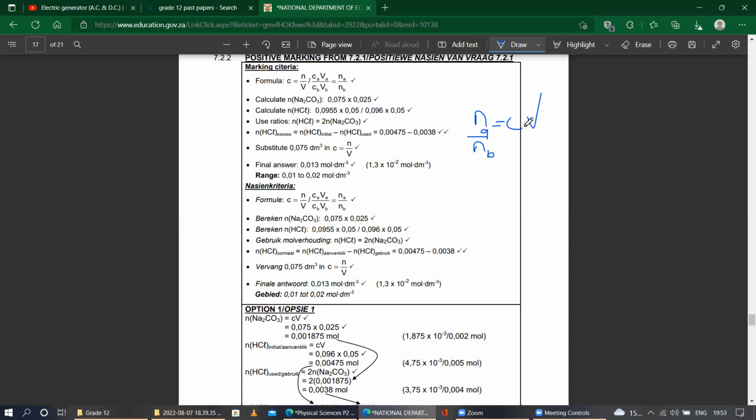is going to be equal to the concentration of the acid, put this in brackets, then write A here, divided by the concentration and volume of the base.